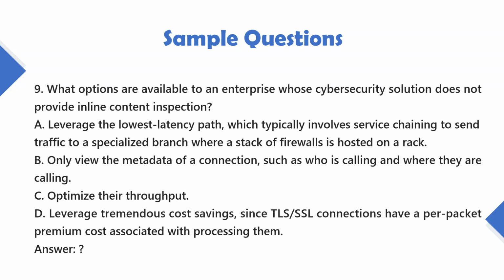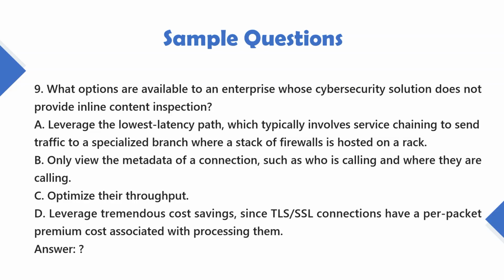9. What options are available to an enterprise whose cybersecurity solution does not provide inline content inspection? A. Leverage the lowest latency path, which typically involves service chaining to send traffic to a specialized branch where a stack of firewalls is hosted on a rack.